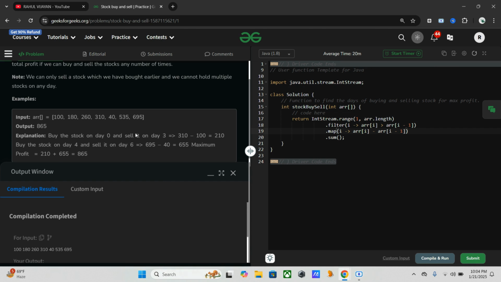So the total profit we make is the summation of all the differences we get, that is 865. So as you can see, this approach ensures that we make the most profit possible by buying and selling at the right times. Let's submit it.